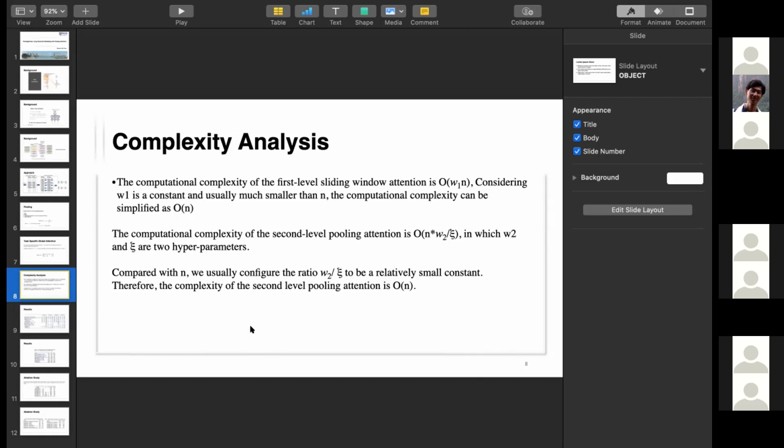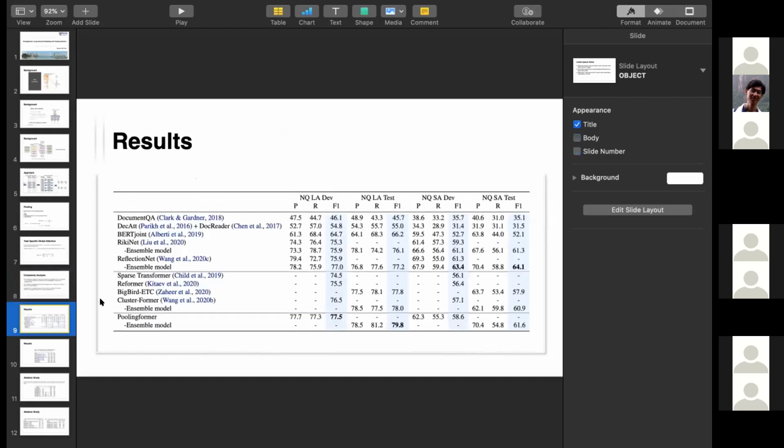I think it's supposed to be 10 times linear, maybe. I'm not sure, just a random guess. Yeah, it depends on the sliding window size, and also the pooling size. Great. So this is the result of their experiments.